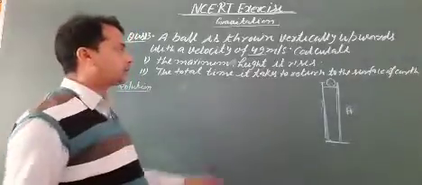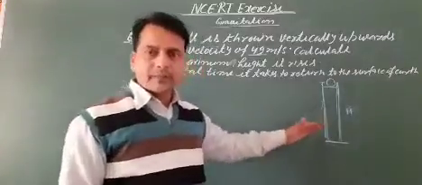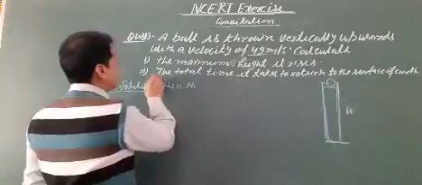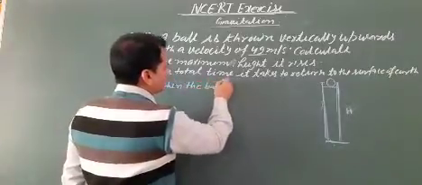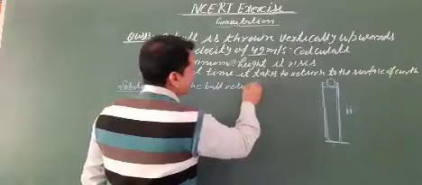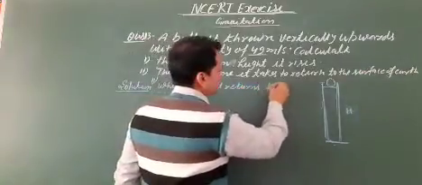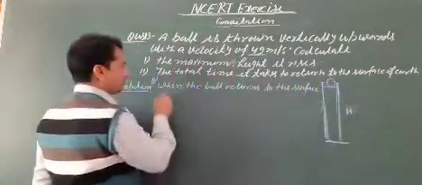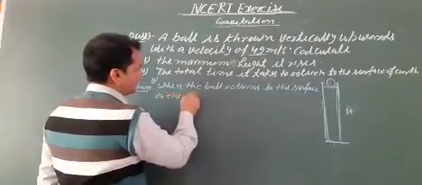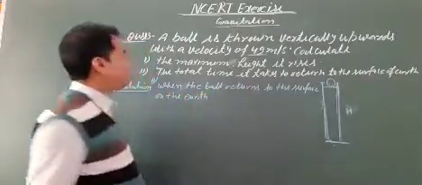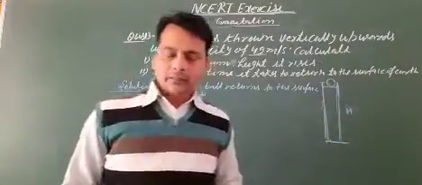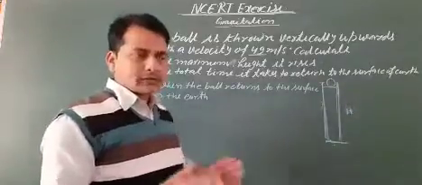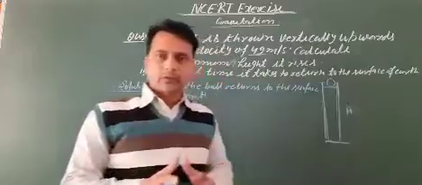So when the ball returns to the surface of the earth, the displacement will be 0, because we know that displacement is the distance between the initial position and the final position.